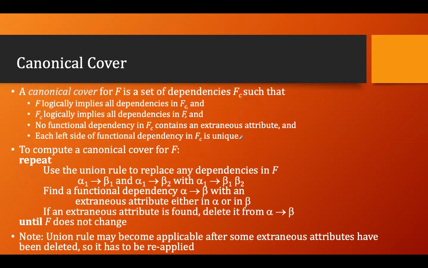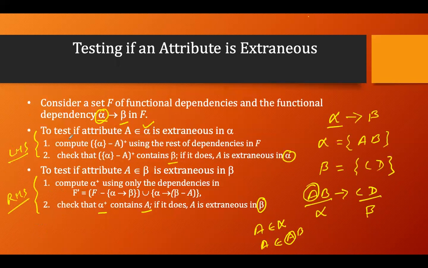So what do we have to do? What is the procedure? The procedure is to find out whether the left hand side part is extra or not. So we have to compute the closure without using that attribute, and check whether that closure gets beta or not.